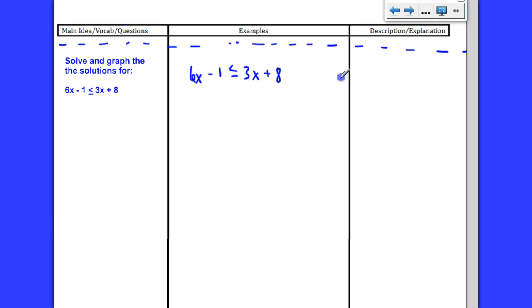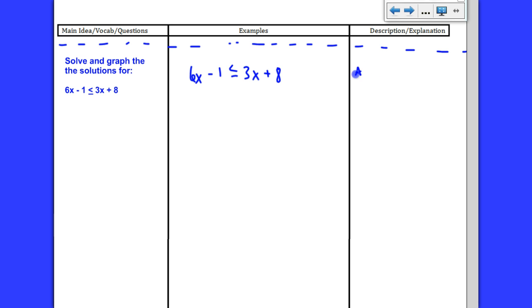All right, now on this particular problem, you have a variable on both sides. When you have that happen, you want to move the variables to one side, but you wouldn't start doing that until you've simplified it. Now, this side is simplified because there's no parentheses, there's no like terms. This side is simplified because there's no parentheses or no like terms.